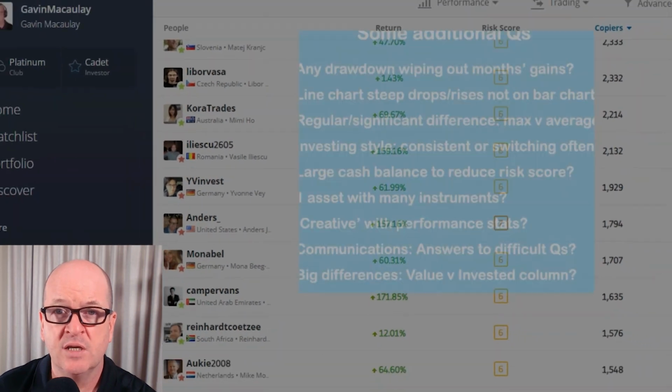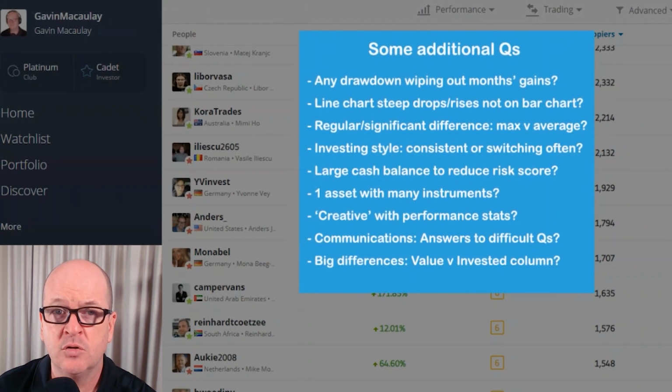In addition to looking at the questions that the algorithm includes, you could start with, does the PI show drawdown amounts that wipe out several months of gain? Does the PI's line chart show sudden steep drops and rises that are not visible in the bar chart? Is there a regular or significant difference between max and average risk score?